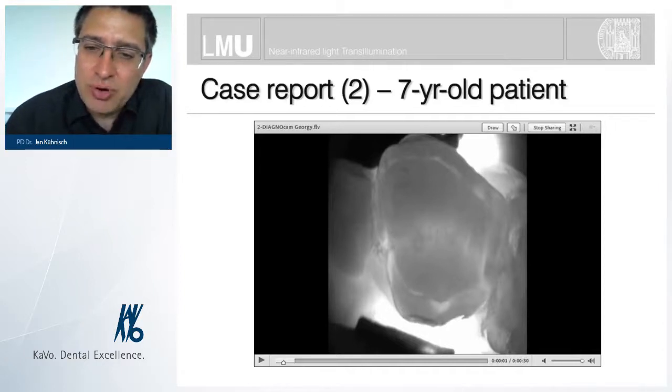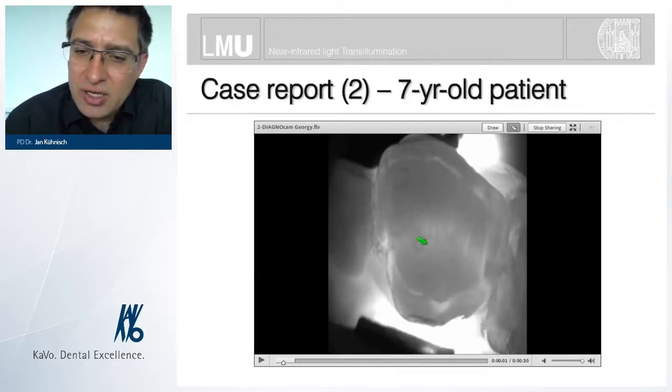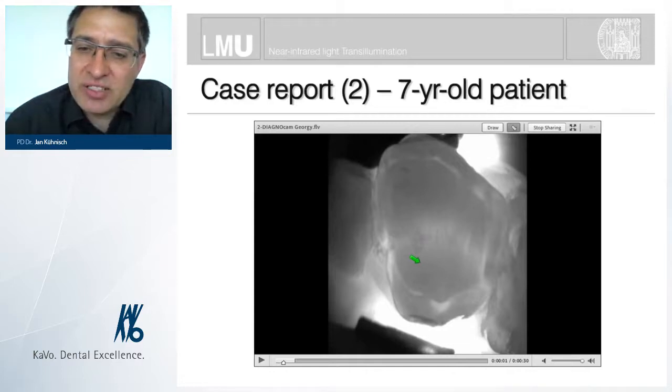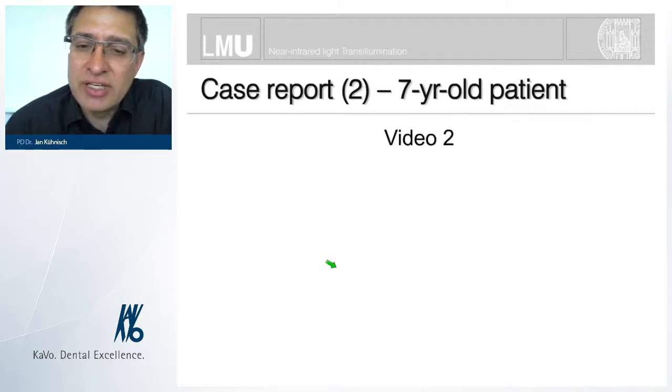What is important to note is that to detect such demineralization, such dark shadows, in the primary dentition is sometimes quite difficult. And it means if I detect such cases, then I would like to perform bite-wing radiographs to get a staging of these caries lesions.